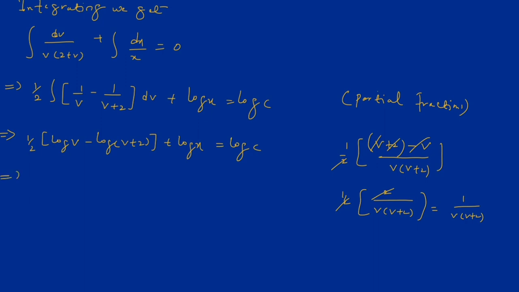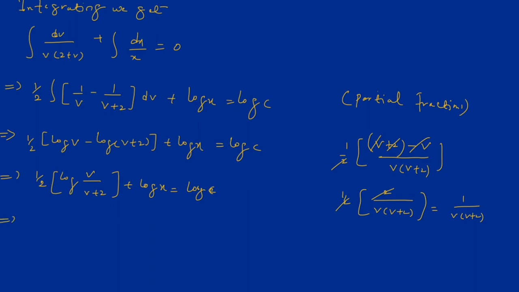Again, m minus n can be written as 1 by 2 as it is, log of v upon (v plus 2), plus log x, which is equal to log c.